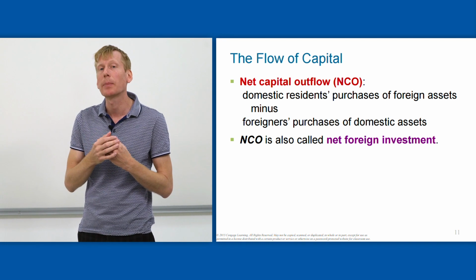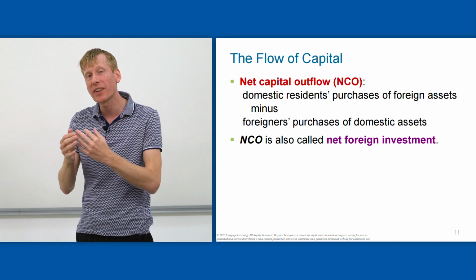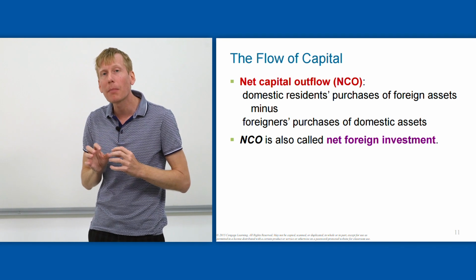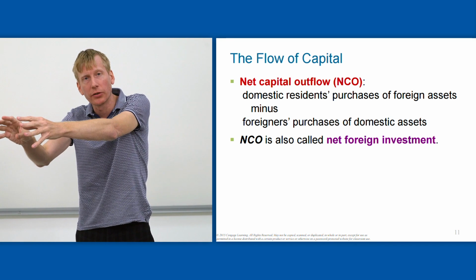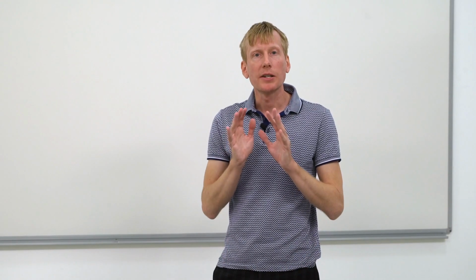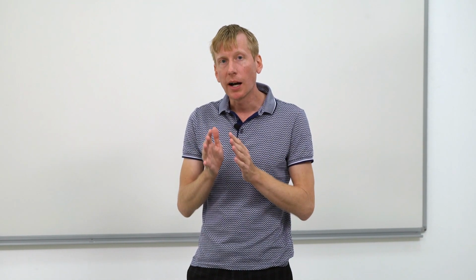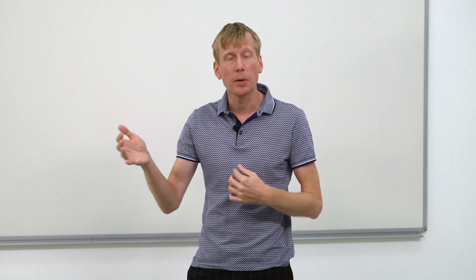Our net capital outflow, or our net foreign investment by our country, is the money that's flowing out of the country minus the money that's flowing in. As we mentioned before, when countries interact in international markets, some of the domestic investment can come from abroad.